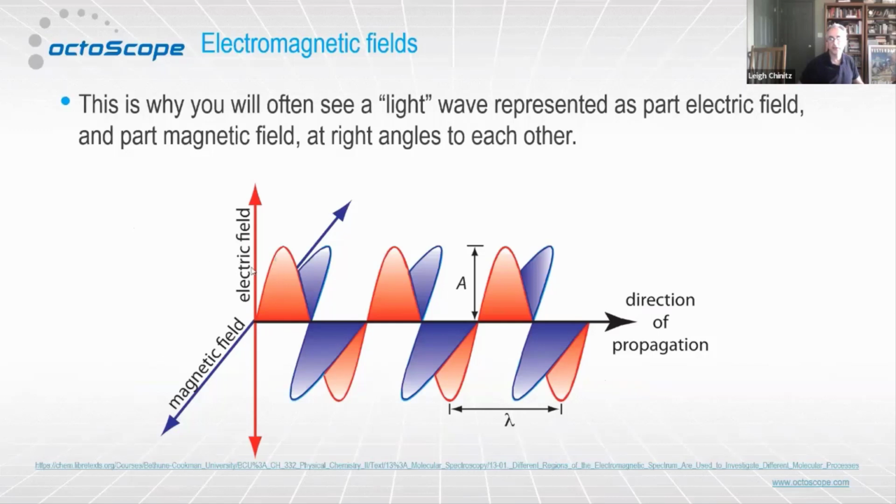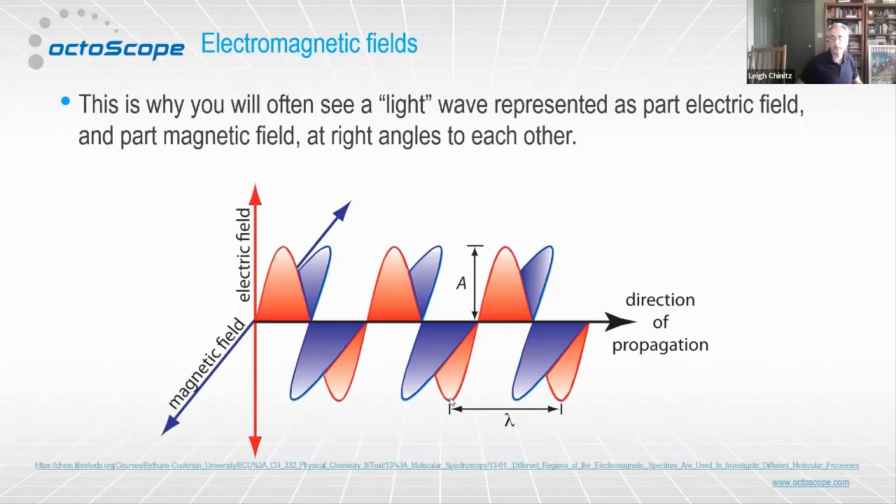There's an electric field, and then there's a magnetic field, and they're at right angles to each other. I put light in quotes because I'm pretty sure that everybody here knows that electromagnetic waves are all pretty much the same. The only difference between light and anything else is that it's at a different frequency, and one that our eyes are sensitive to, but it's the same story for light waves or radio waves that we use for communication.